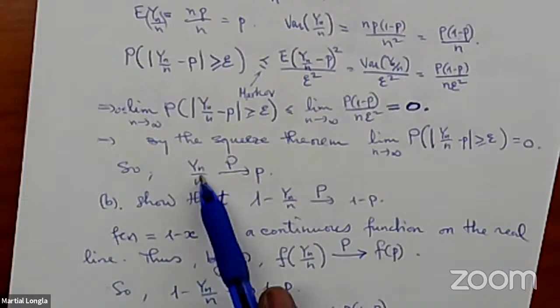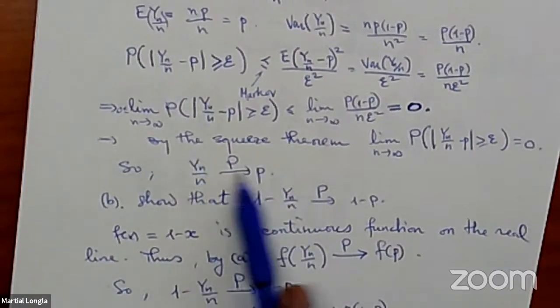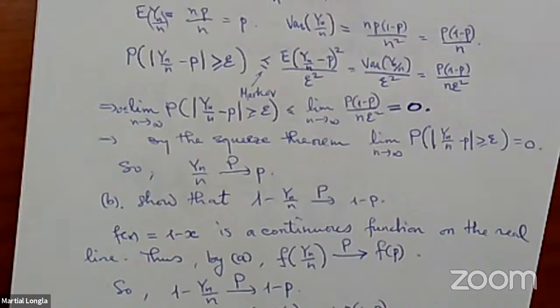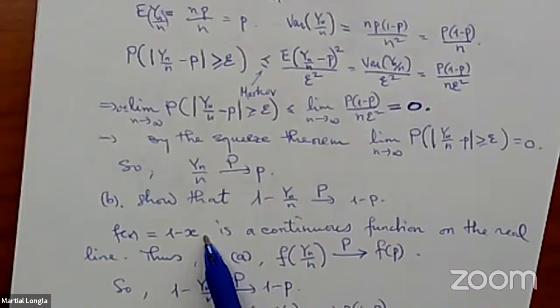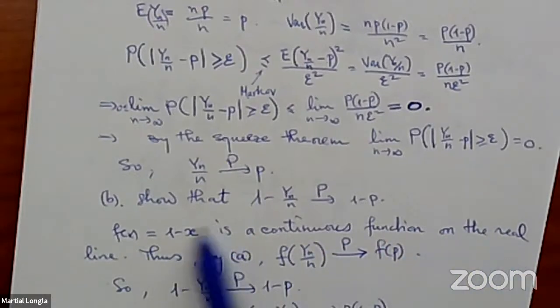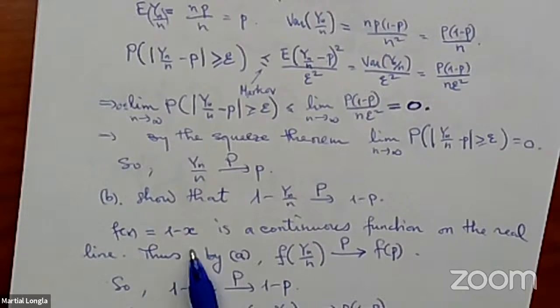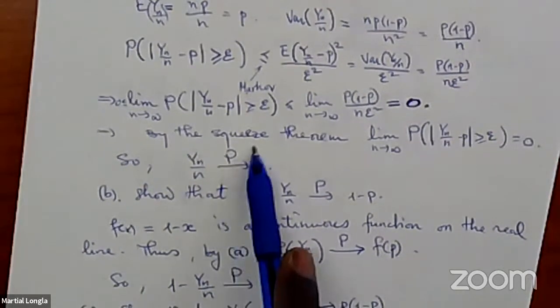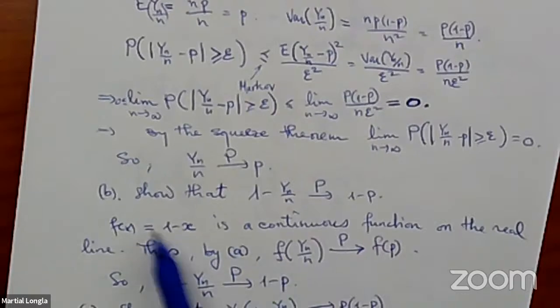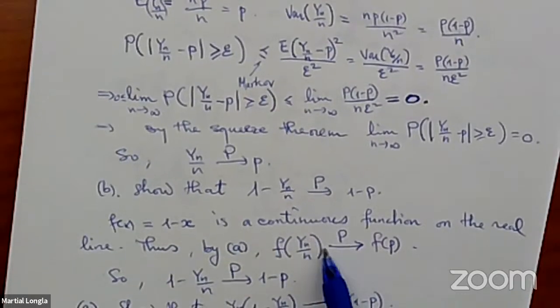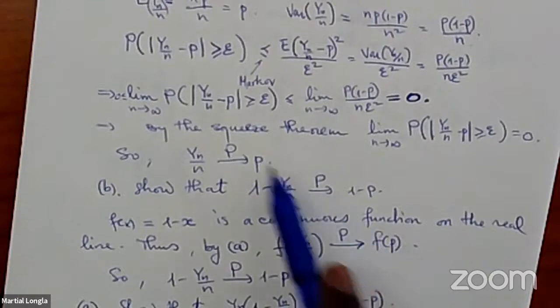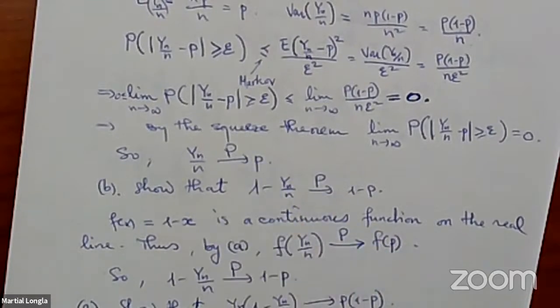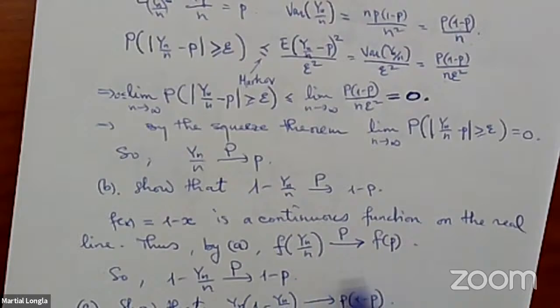So because I already showed that Yn over n converges to p, I take the function f of x equal 1 minus x. This function is continuous anywhere on the real line. Therefore, by the part that I just answered, f of Yn over n will also converge in probability to f of p, which is the right hand side. But f of Yn over n is 1 minus Yn over n, and f of p is 1 minus p. That's it, I'm done.